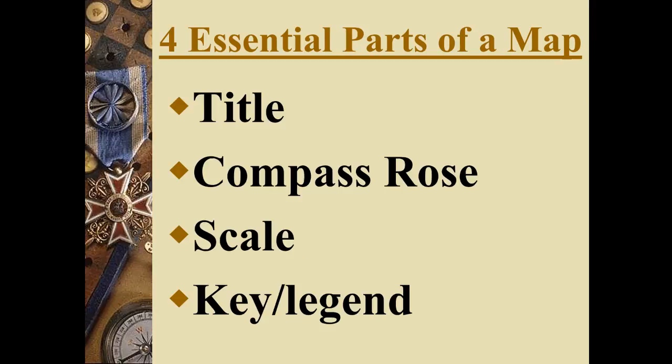Now, when my students say compass instead of compass rose, that's a problem. So what I do is when I tell them about compass rose, before I explain what that is, I take out a compass, a real one, and I have it in my hand and I walk around the room, showing all the kids that it moves. Then we discuss what a compass does versus a compass rose.